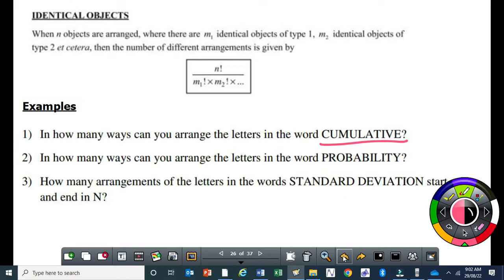Number one. The first question says, in how many ways can you arrange the letters in the word cumulative? I'm going to show you using this. The words may not have any meaning.